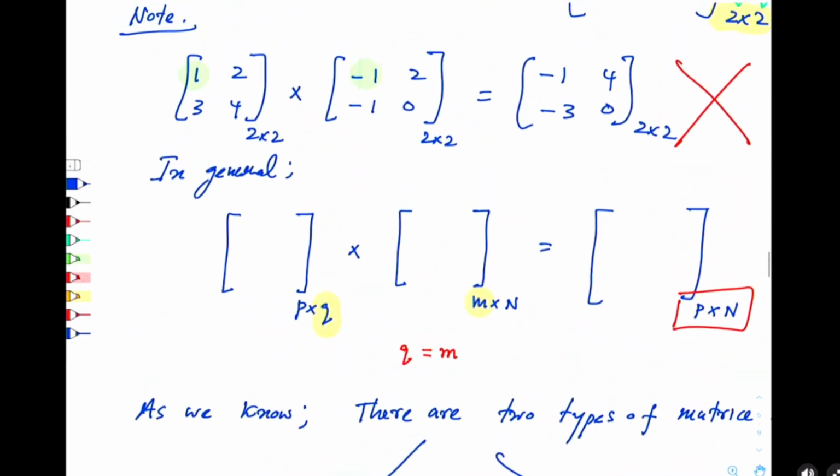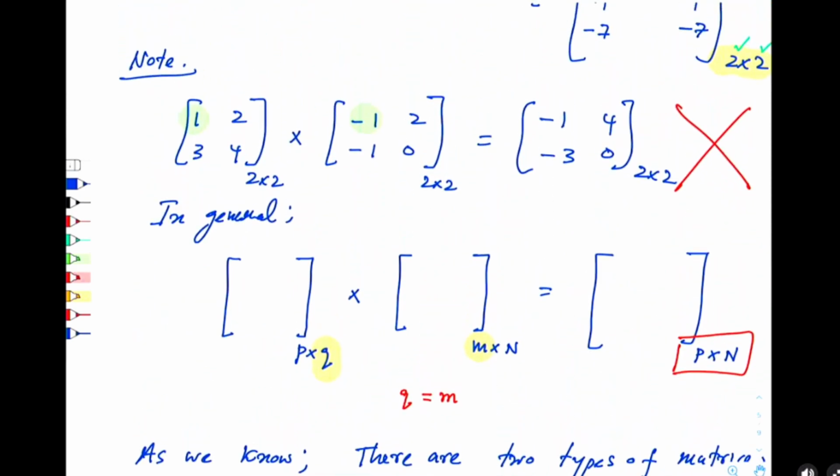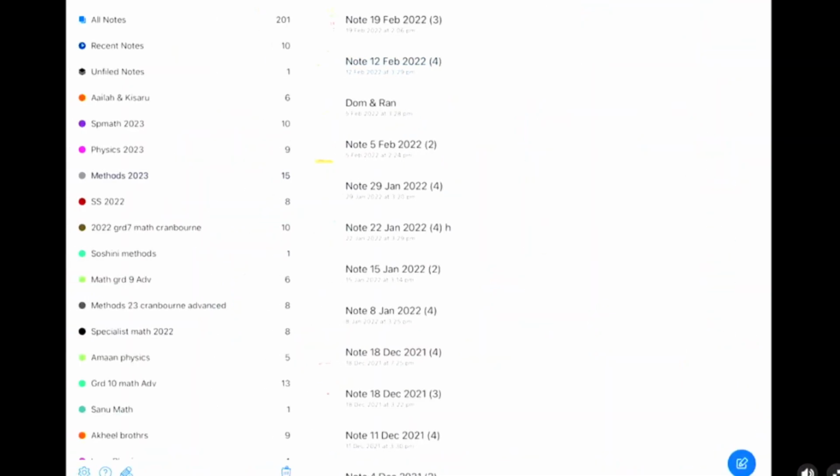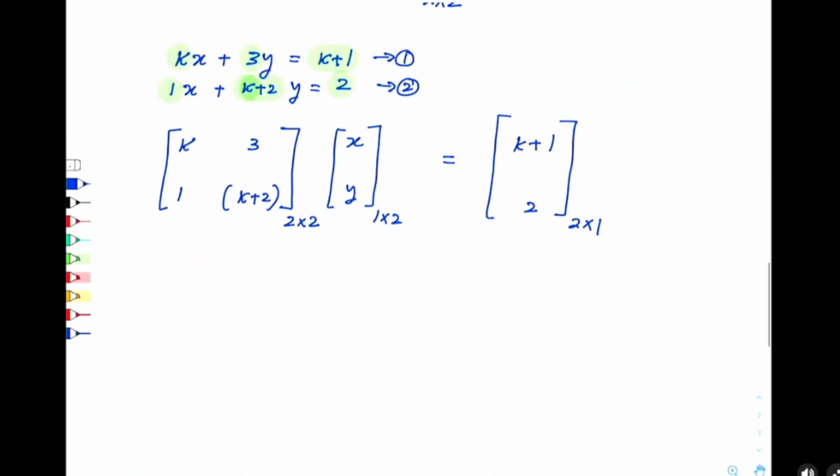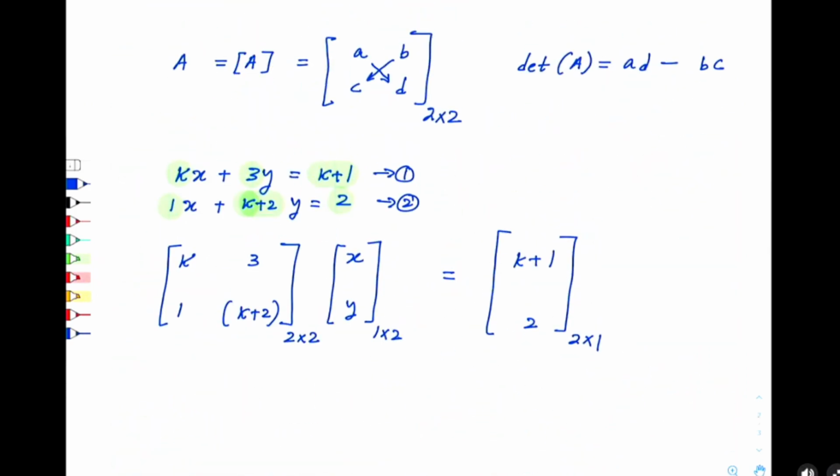In matrix multiplication, if you want to multiply two matrices, Q and M should be the same. That's the condition. Then P and N would be the order of the resultant matrix. So this is from last week. So when I did this, you had to catch me. Be keen enough to catch me.